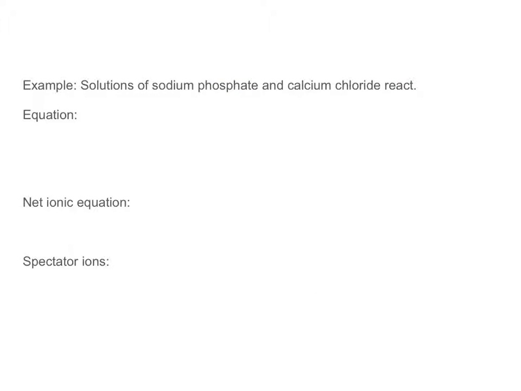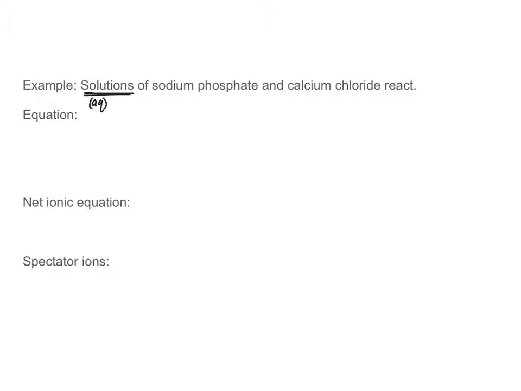So here's an example of a type of reaction that you're going to have to deal with. I'm going to walk through this with you, and I want you guys to keep up and pay attention as things go along. The first thing I'm going to identify is that I've been told I have solutions, and anytime I see the word solutions, I have to assume those items are aqueous.